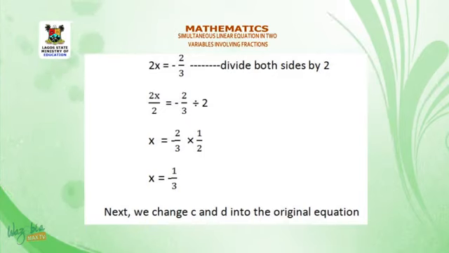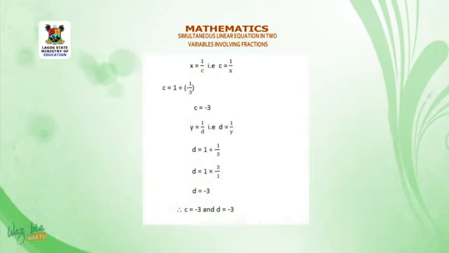Next, we change c and d into the original equations. X is equal to 1 over c, that is, c is equal to 1 over x. C is equal to 1 divided by minus 1 over 3, which is equal to c is equal to minus 3.